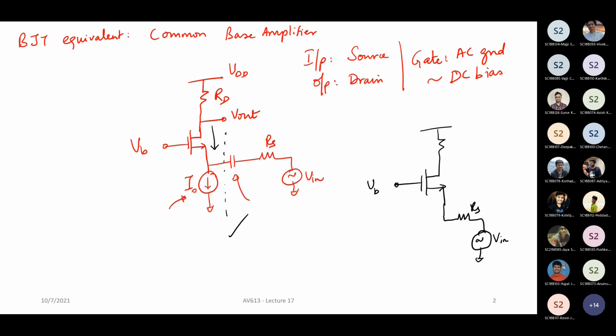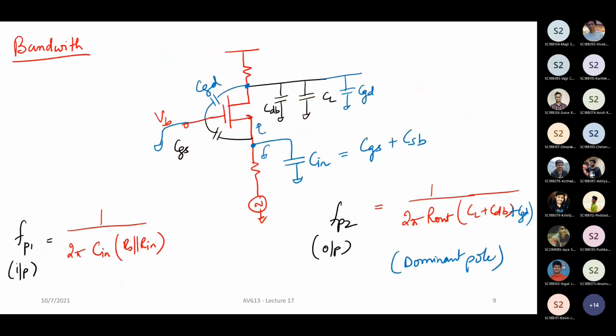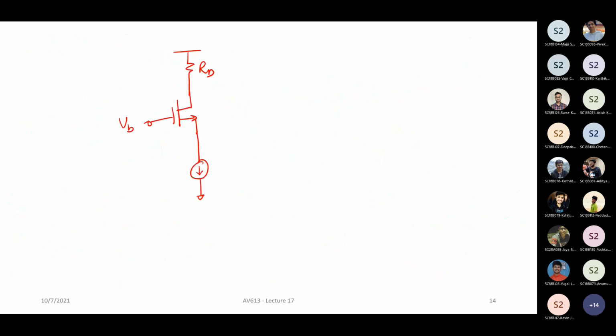Instead, you bias it using a current source like this, which is going to be your bias current. And here you connect your input. If the input is coming from outside, you can always put a DC block and then connect your input.